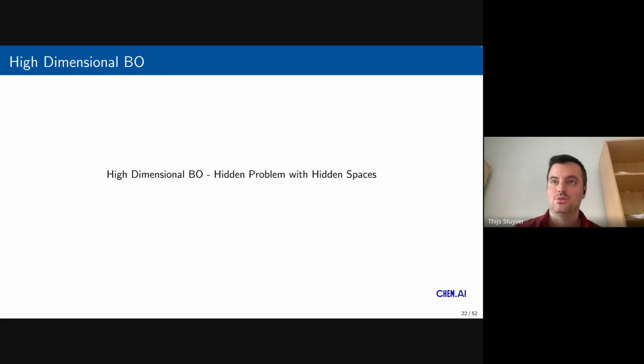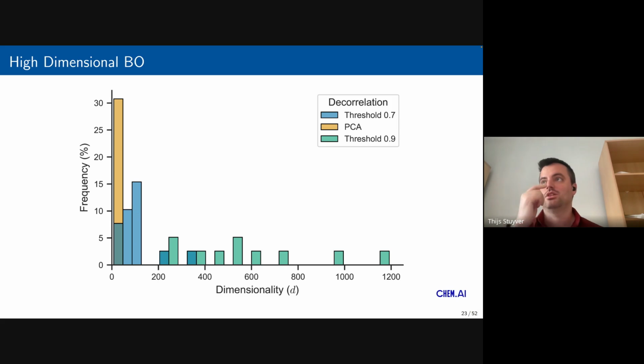And so that brings us to the problem of high-dimensional BO, and specifically how we deal with these explosions in dimensionality. Just to give you an idea that this is actually a really relevant problem for our study, we looked at the different benchmarking datasets that we considered, and we applied the 3 different hidden space featurization approaches.